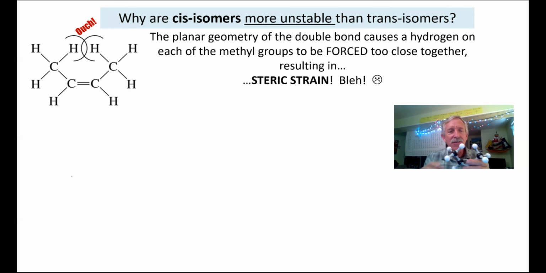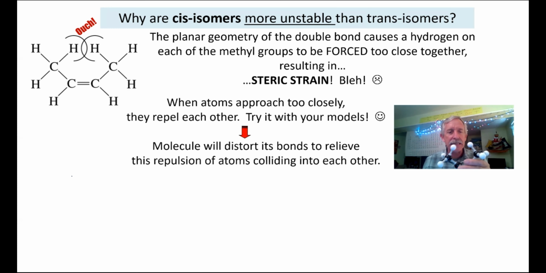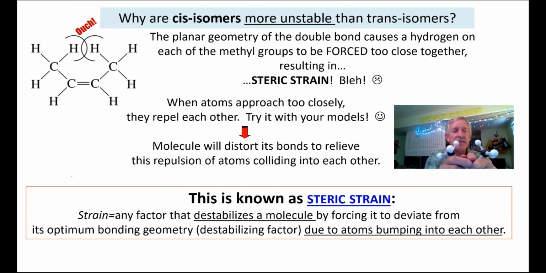And so what this molecule will do is try to relieve that collision to make sure that these atoms don't approach too closely. They will repel each other and push each other away, and therefore cause some strain, because that takes some energy to push them away from each other. And therefore we call this steric strain to distort the bonds and allow for a lack of collisions. We pull them apart and relieve it with a little steric strain.